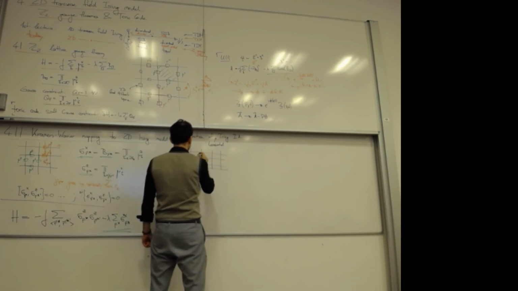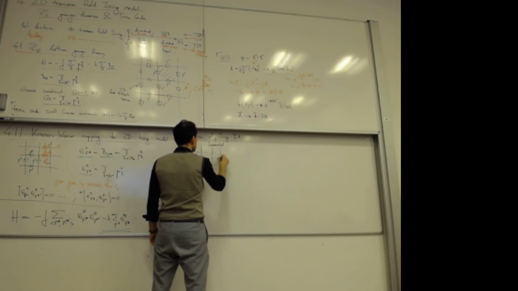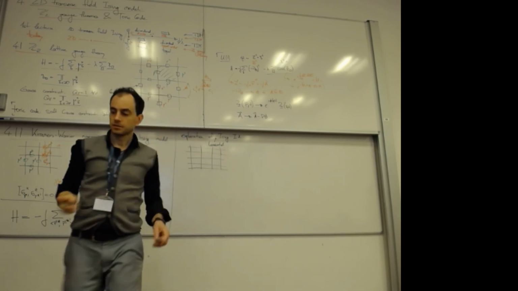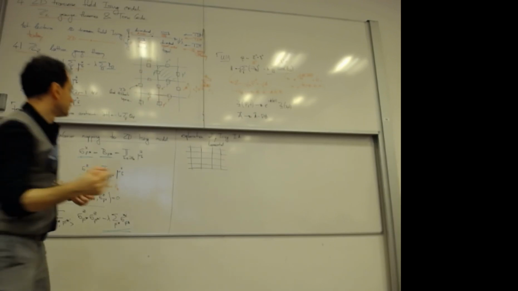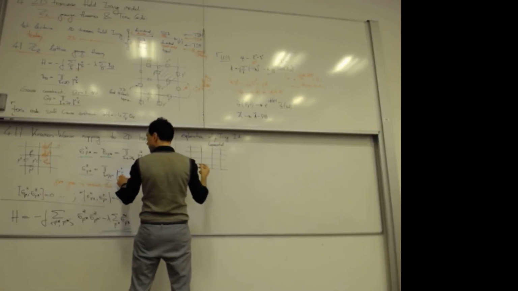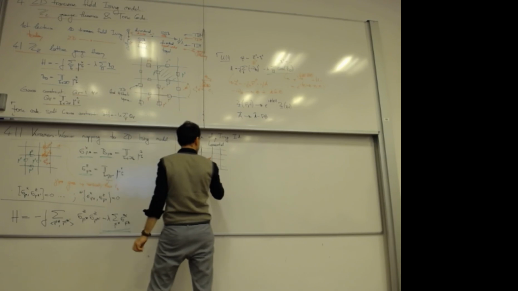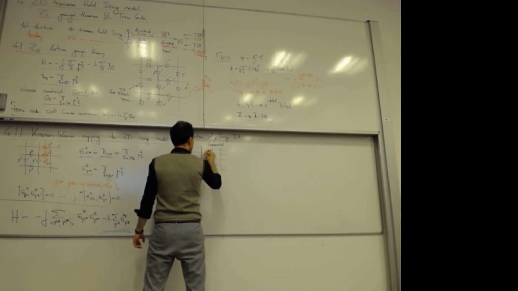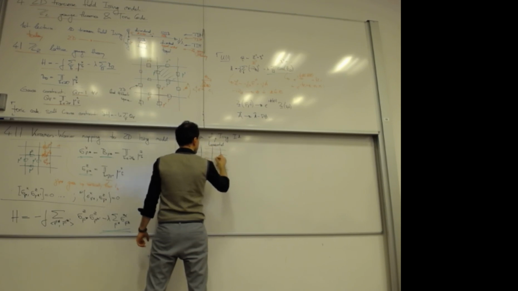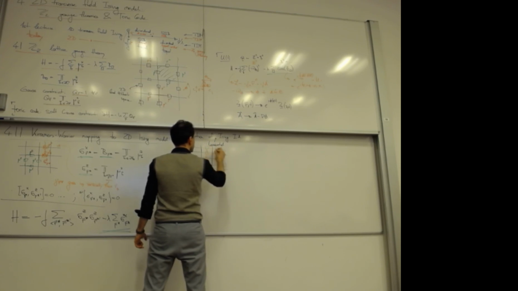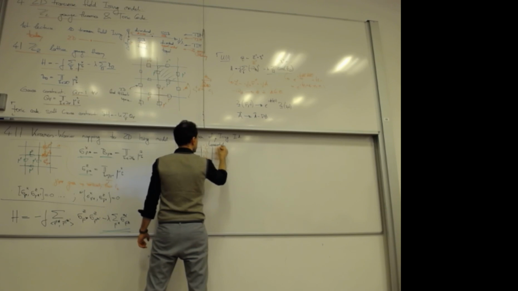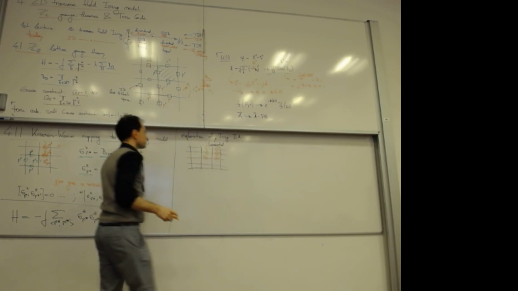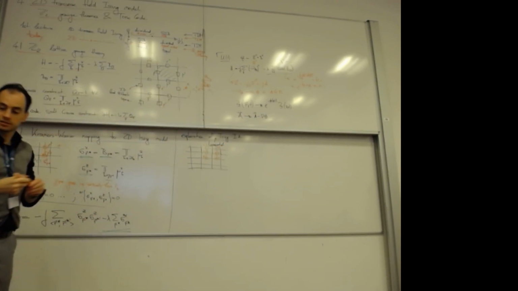Maybe I need more vertical lines. So here we want to have sigma z between here and here. So then that's a product like so. This is what it is, right? It goes up to infinity. It's x, x, x, x, x, x. But then let's use the Gauss constraint.